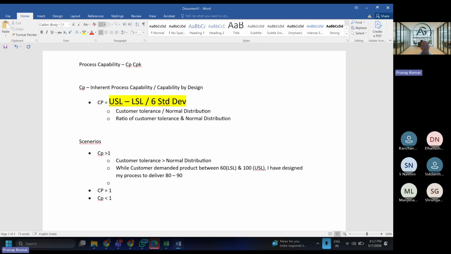Here, you will have some room for variation. Now that you've defined your tolerance, you've pushed your team to deliver between 80 and 90, even if they were to slip up, you will still be able to achieve what your customer is asking.